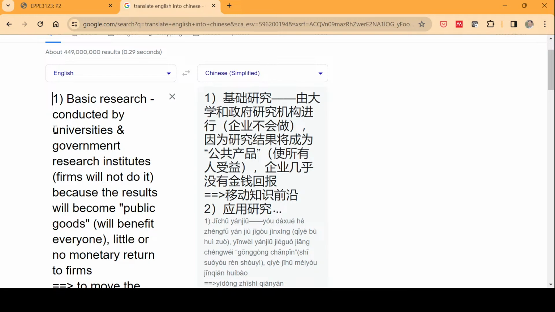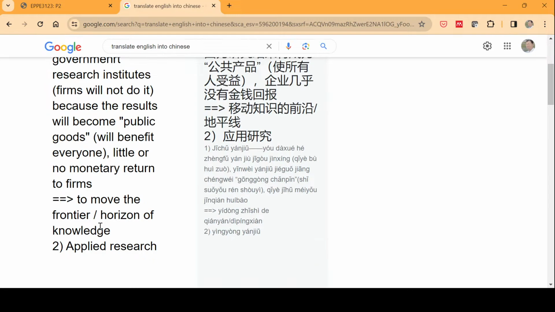Basic research is actually to move the frontier or horizon of knowledge in a particular field of study.